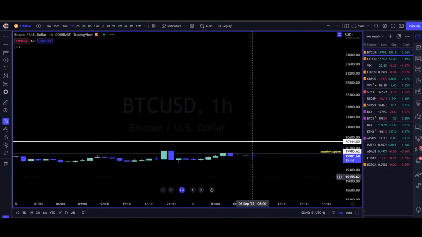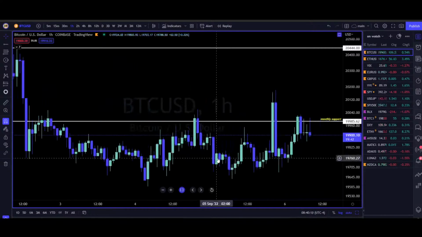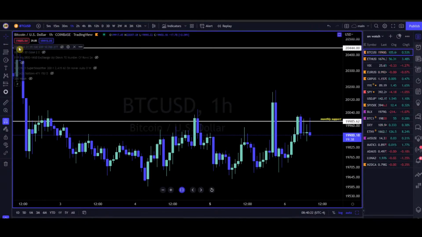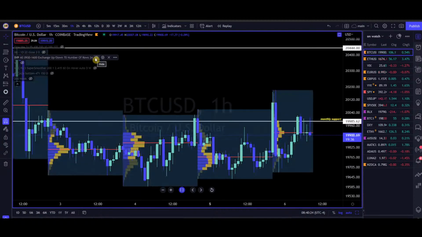Bitcoin is struggling at monthly support. Let's see if people are... Nope. Point of control's down here, so there's not a lot happening there, but it does look like it based on the wick and the price action, right? This appears to be the area.